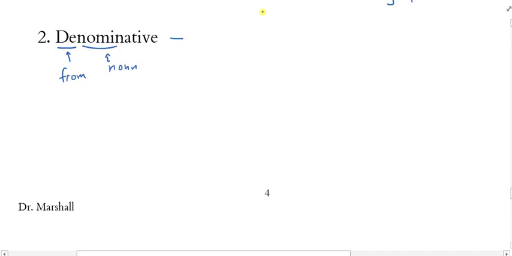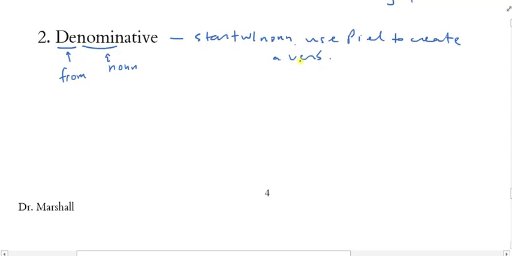So, what's a denominative use of the PL? Well, what that means is you start with a noun and then you use the PL formation to create a verb out of that noun. Now, we do this sort of thing in English all the time. Take the noun Google. Google was a search engine. What did we do with that noun? We created a verb out of it, didn't we? Nowadays, we say, Google it. What does that mean?